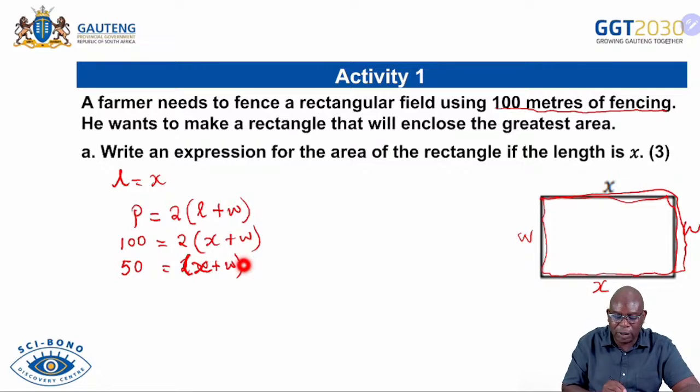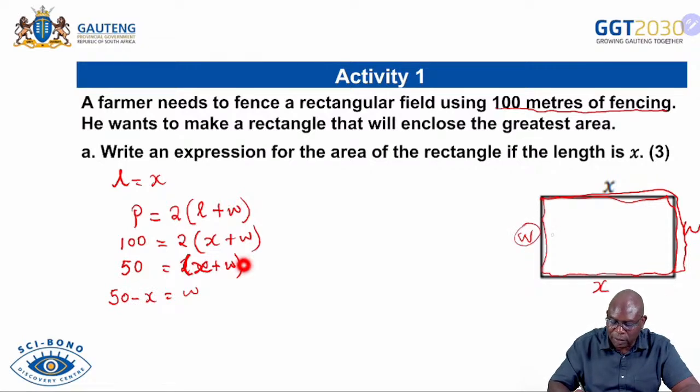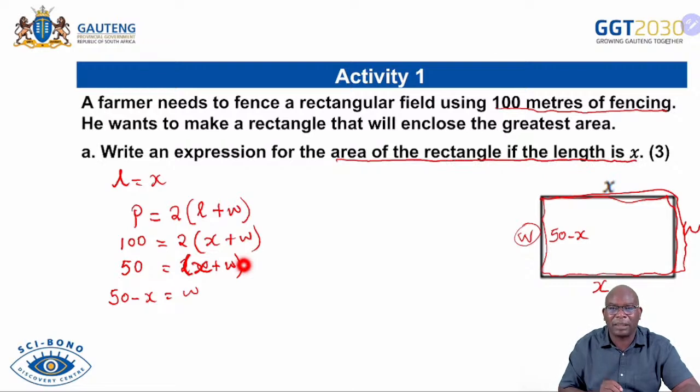So now I need the width now. So my width is going to be 50 minus x. So it means that this part here is going to be 50 minus x. So I have that. So my width is 50 minus x. I know what my length is, x here. So they say write the expression of the area of the rectangle if that one is x.